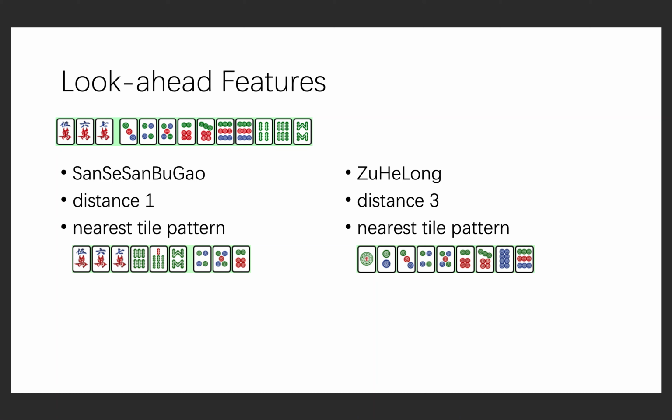The first fan pattern is 三色三不高, and the number of tiles different from the current hand to this fan pattern is only 1, so the distance is 1. Also, the distance from the current hand to Du He Long is 3. Both distance 1 and distance 3 are used in our features.